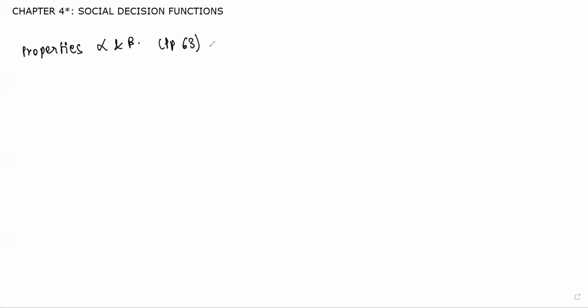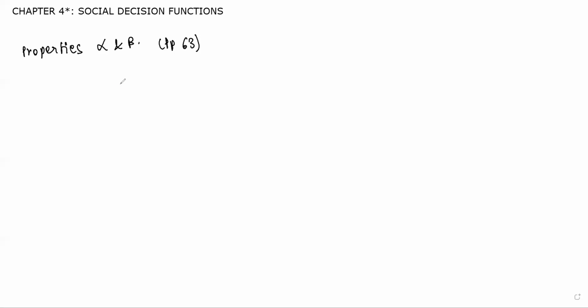So the problem here is that an SDF will not satisfy property beta. So even if we have resolved those Arrowian conditions, property beta is not going to be satisfied. Of course, Arrow didn't include property beta because it was not necessary, but property beta can be a reasonable condition. Right? Now, why is this? Let's look at an example of the sort of problematic social collective choice rules which we might have.